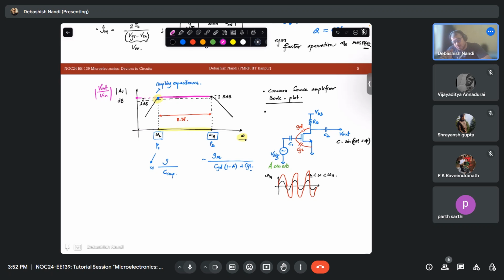Now if you start to increase the frequency of the signal, let's say your input signal is like this. Basically you are at this range now. So this is your V in.